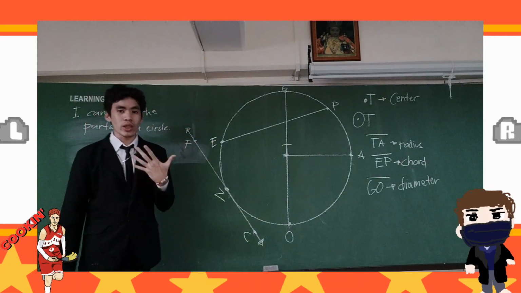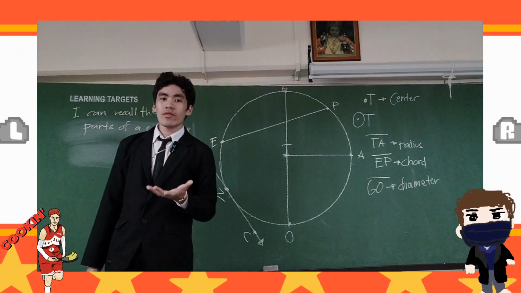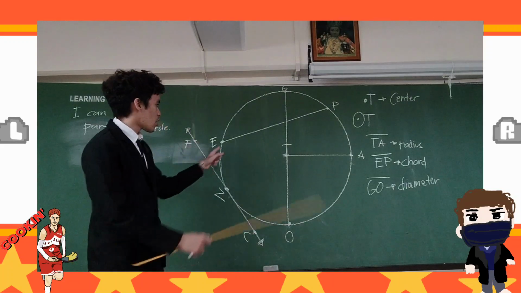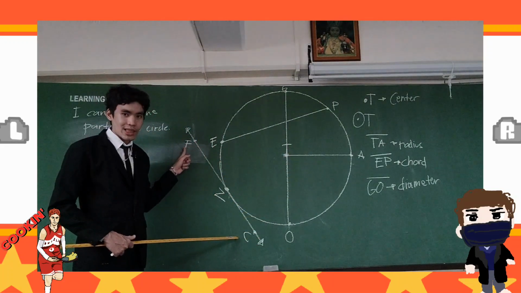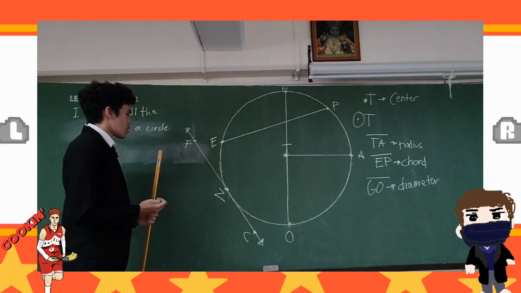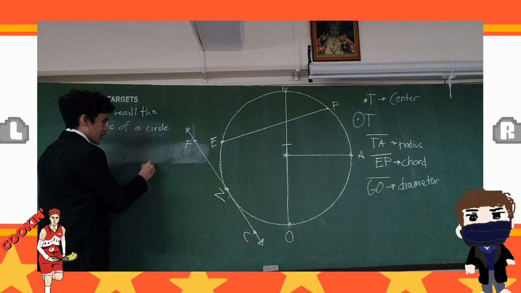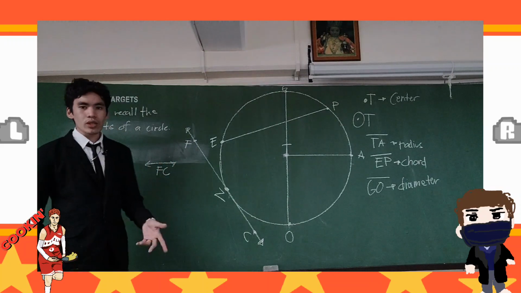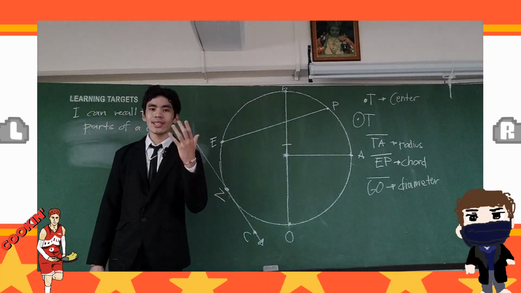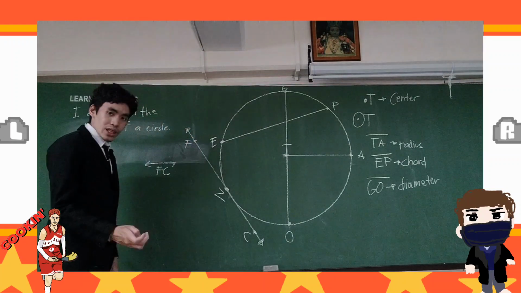I hope you guys remember what these arrowheads imply. When you have arrowheads instead of endpoints, this means that FC is a line and not a segment. So our example here, line FC, is another part of a circle that we call a tangent line, or basically a tangent.